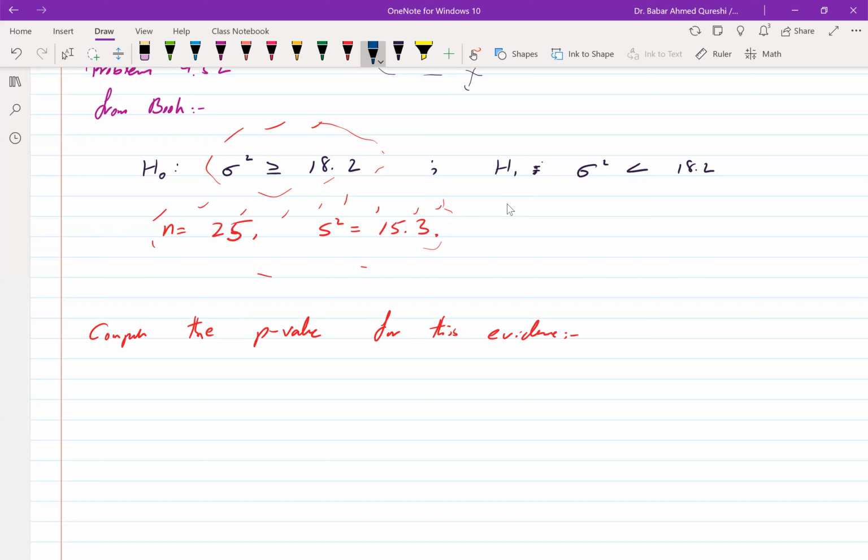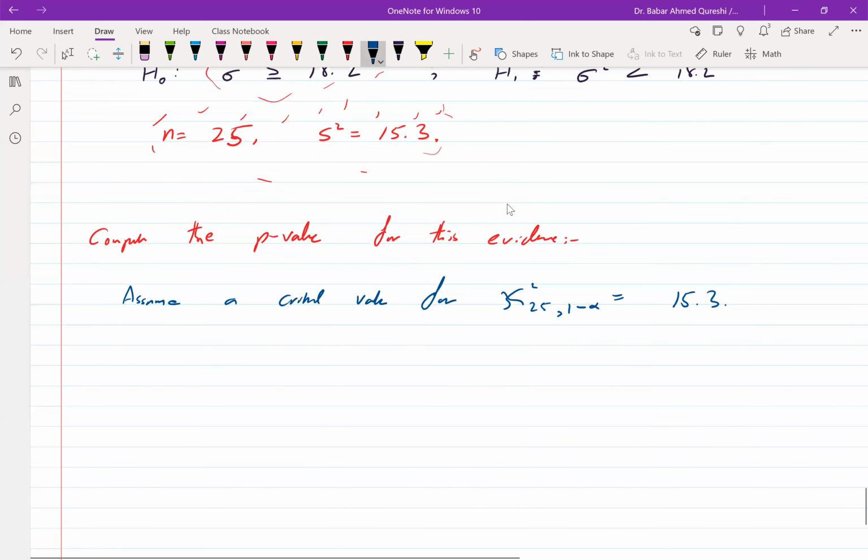So what she's going to do is assume a critical value for chi-square 24, which is going to be equal to her sample result, since she's doing less than. And just compute the probability.